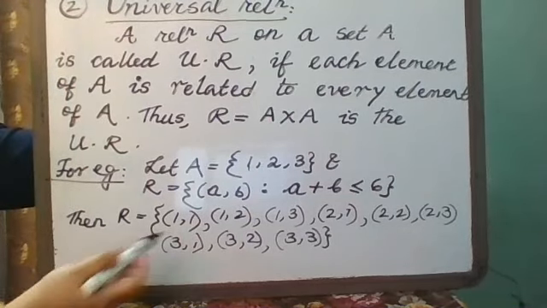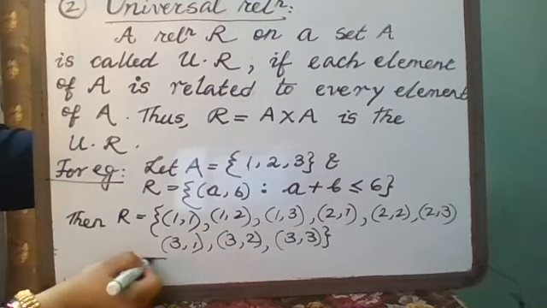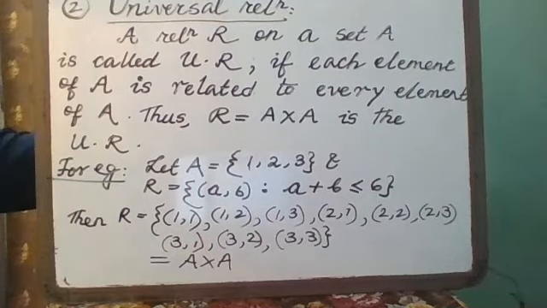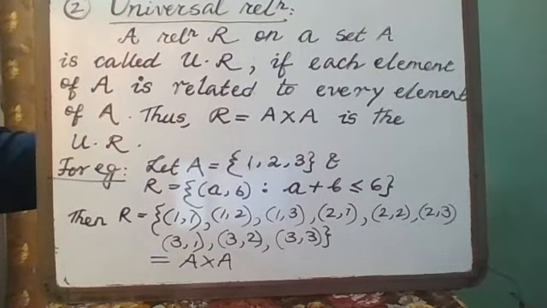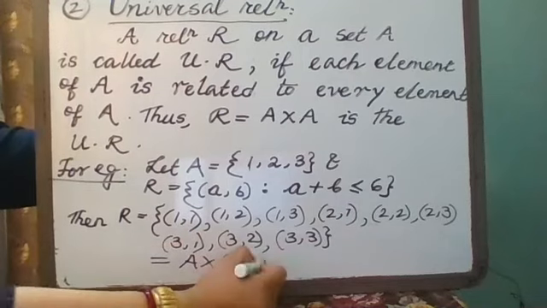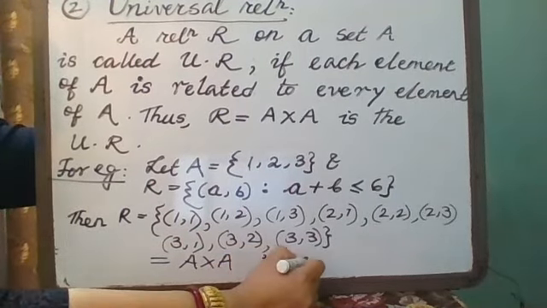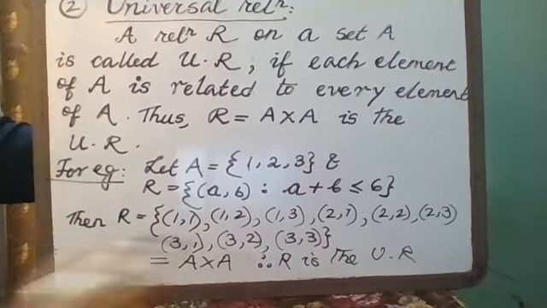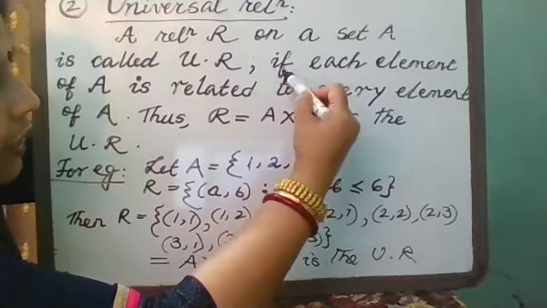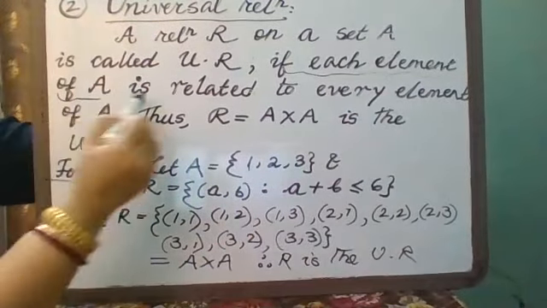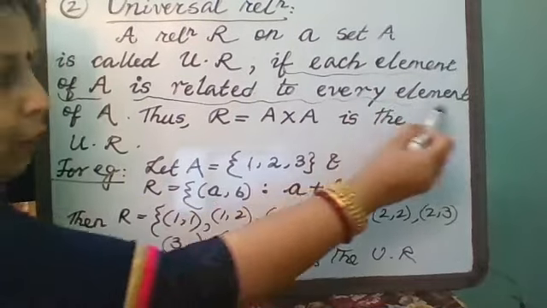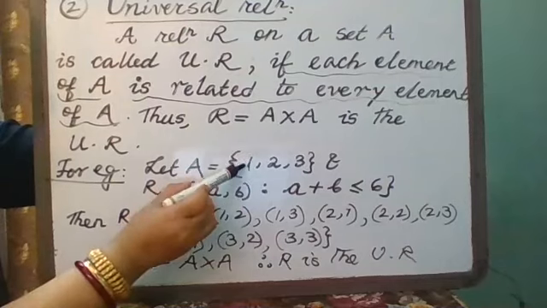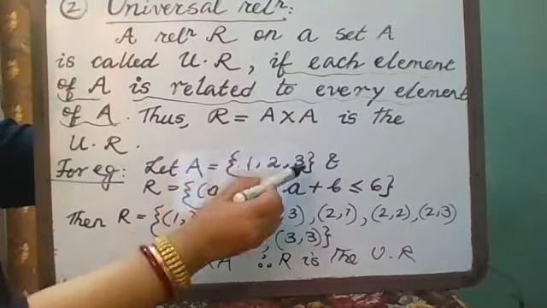Now, if I look at the set R, this is nothing but A cross A. It is the same as the Cartesian product A cross A. So, R will be called the universal relation, UR. In the definition, universal relation is mentioned: each element of A is related to every element of A. That means 1 is related to 1, 1 is related to 2, 1 is related to 3.